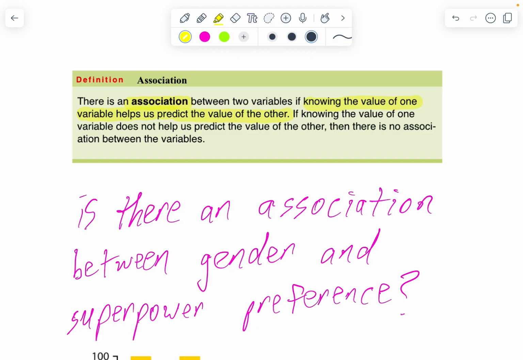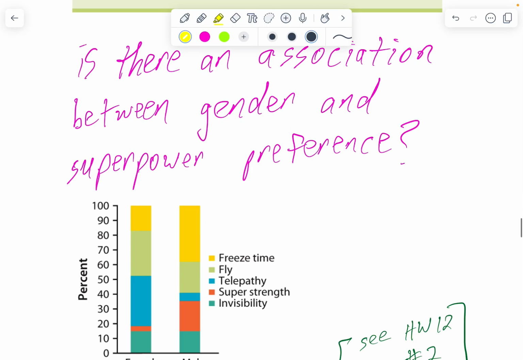Meaning, if you told me that your great-great-great-grandfather was on the Titanic, and you told me that he was a first-class passenger, that would give me information that he had a higher chance of survival. So knowing the input, that they were a first-class passenger, helps me predict the outcome, knowing that that person had a higher chance of survival. Doesn't mean they were guaranteed to survive, just means they have a higher likelihood.